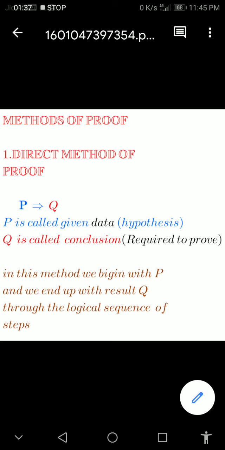If the direct method of proof is not possible, then we use indirect method of proof. Let us see how we prove a statement or a theorem in the direct method of proof.